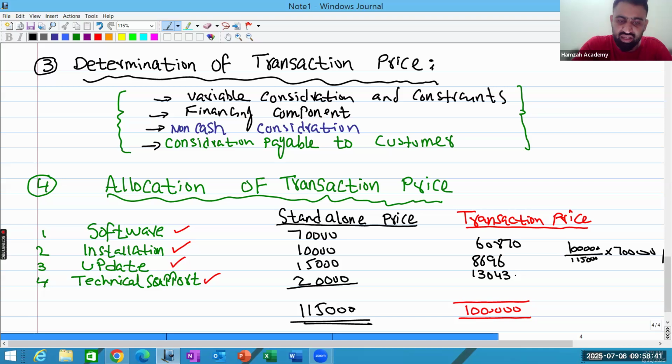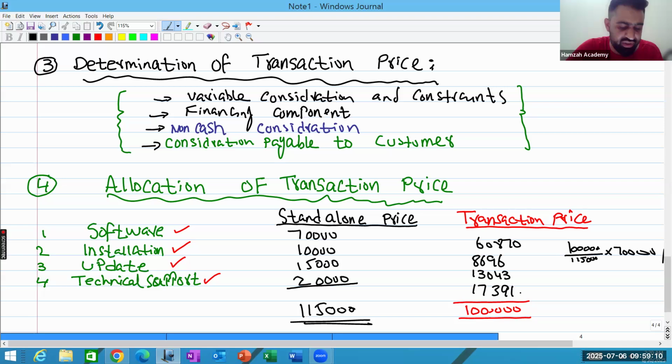And then for the last one, technical support, that would be $17,391. So we will allocate the transaction price on the basis of stand-alone price.